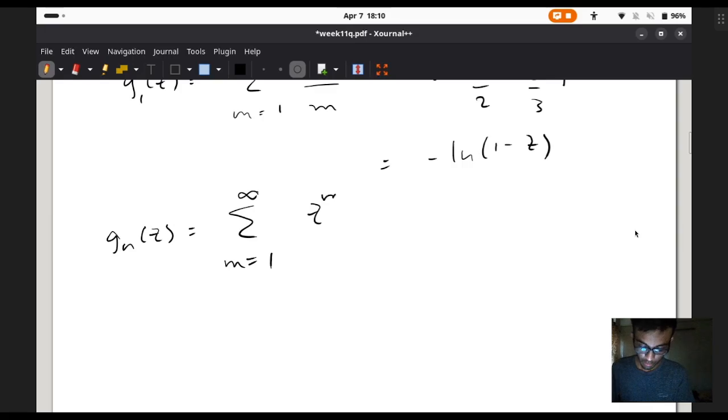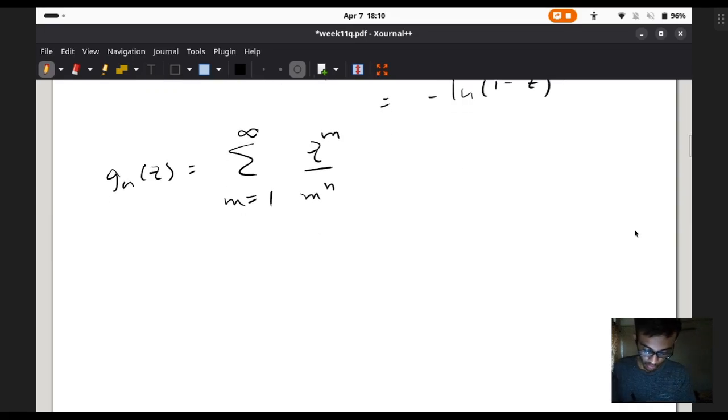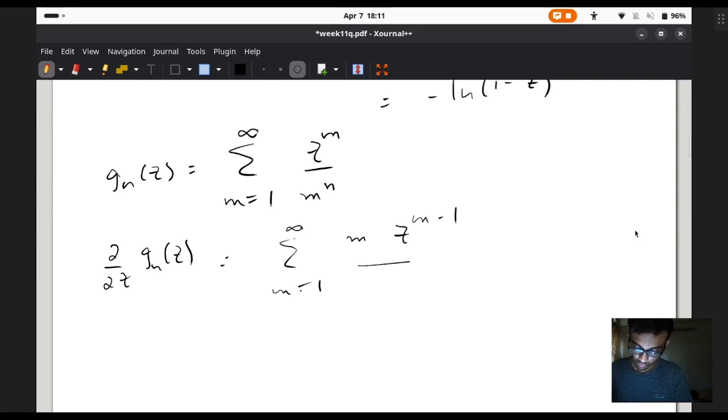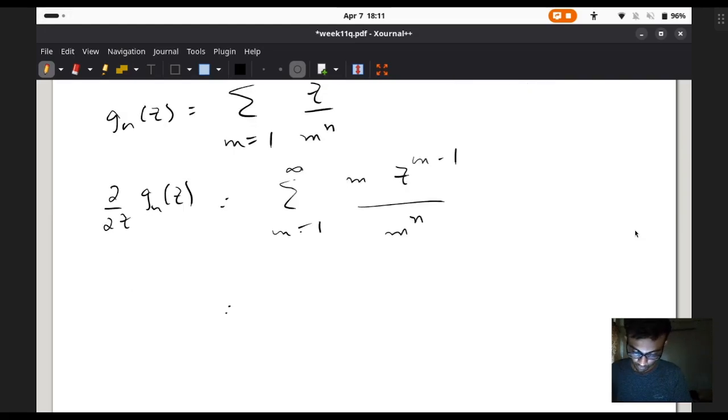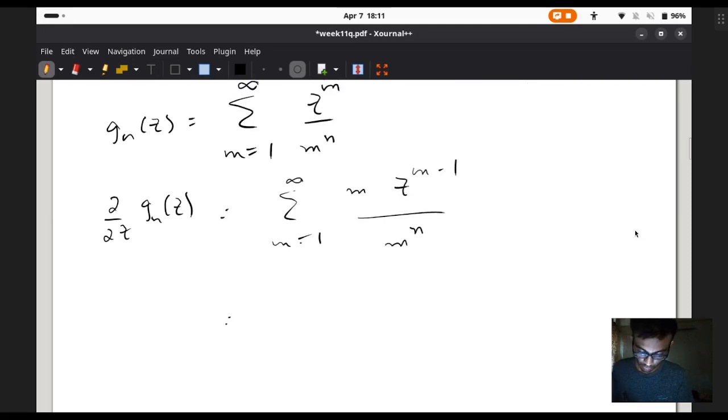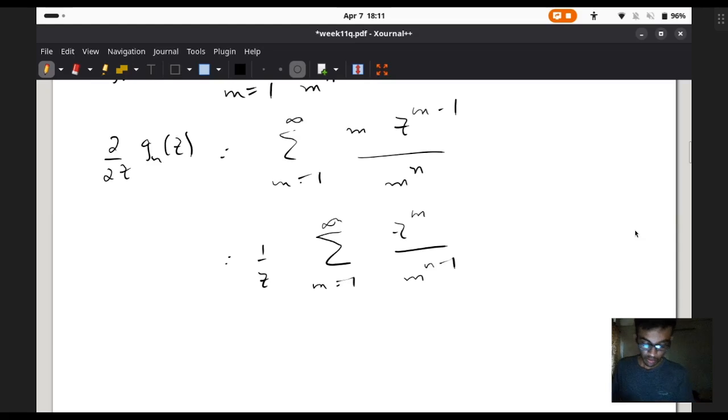Taking a derivative with respect to z, we have written this z here outside in the denominator.